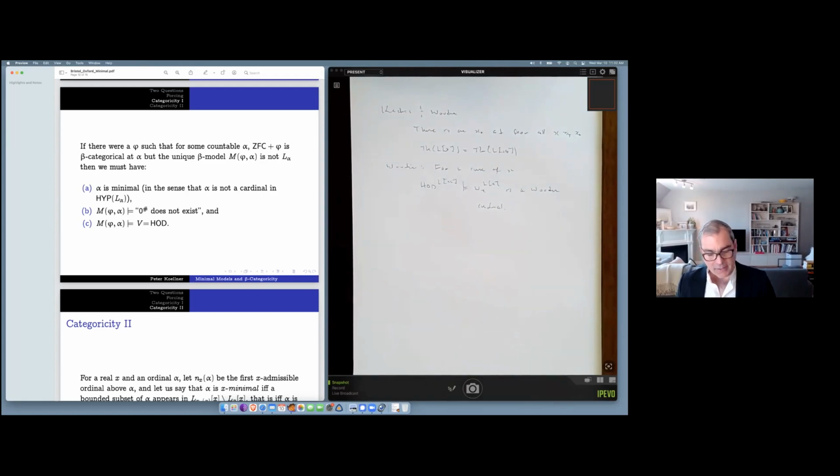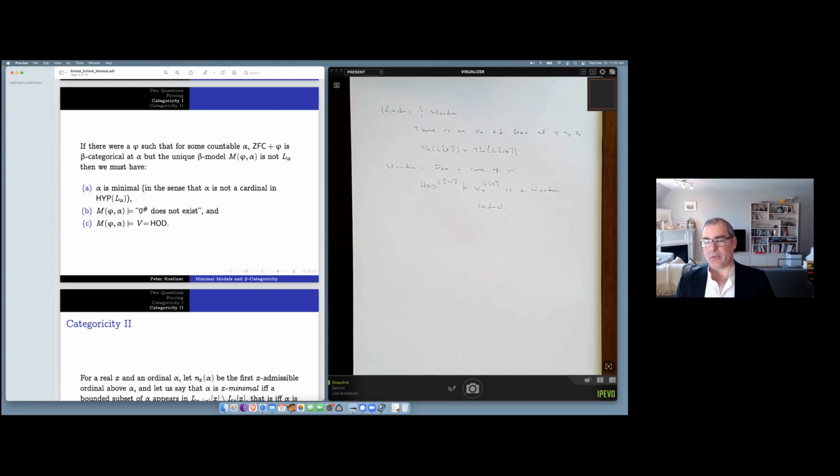We knew before that under AD, L of R had a lot of structure, right? You can pretty much settle any question that you ask about it under that background assumption. And we know that the model L is robust. It's the same wherever you compute it, if you're in a transitive context. And we know that the model Hod is very intimately tied with the background universe.